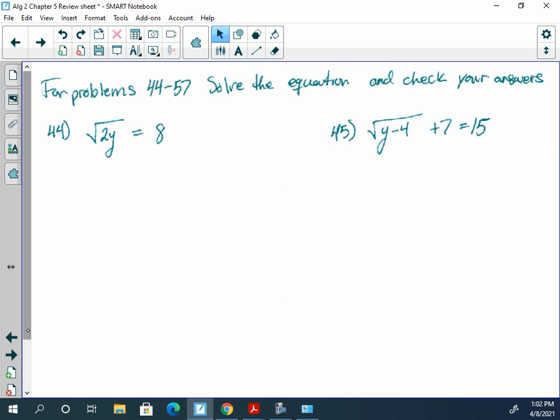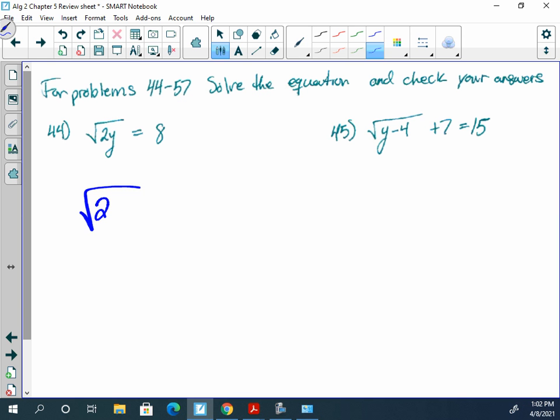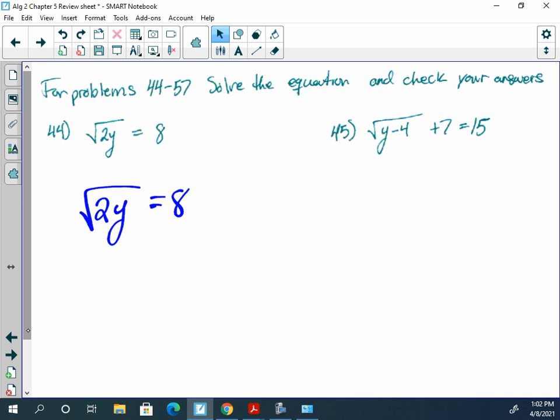Okay, let's look at solving these radical equations. So this one here is the first one we're going to look at. Now, whenever we solve equations with radicals in them, we need to get the radical by itself first.